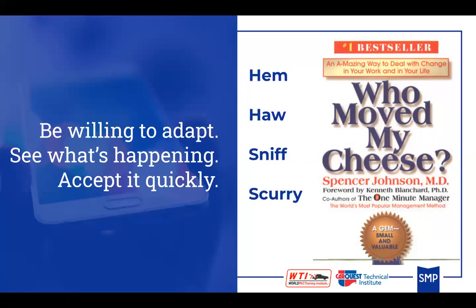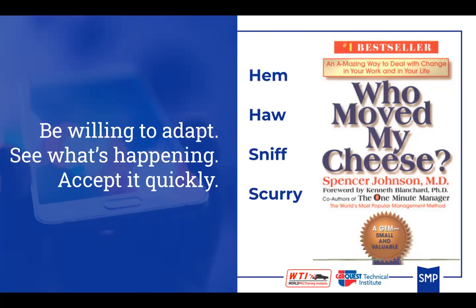We're going to need to do things differently. The other two mice, oblivious, had no idea. One day they just show up and all the cheese is gone, and they don't know what to do with themselves and they don't survive. All throughout the book, it gives you these different quotes that they call the handwriting on the wall.